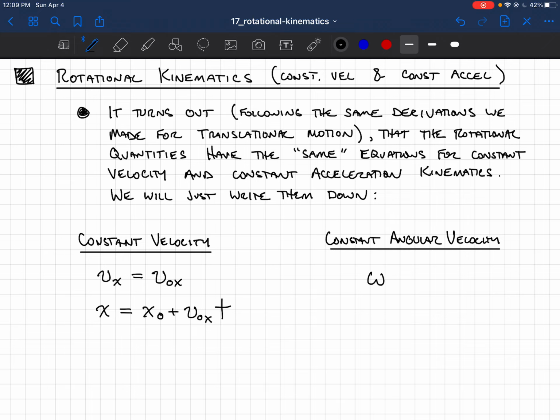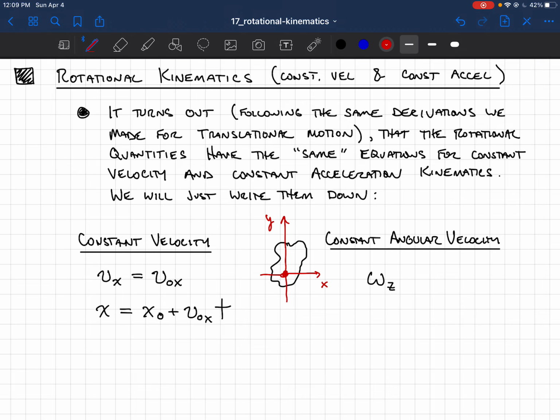Well, if omega is constant, and let's write it as omega z, because let me remind you, we have an object that looks like this. We have an axis, and that axis can be thought of as pointing out of the page.